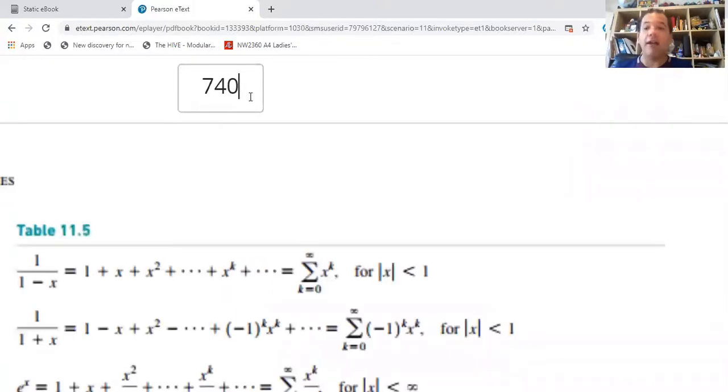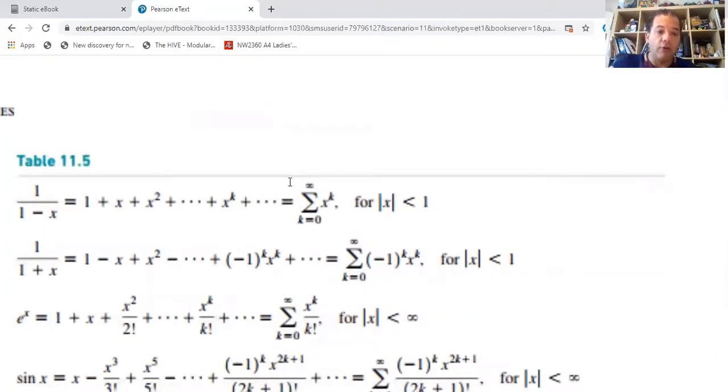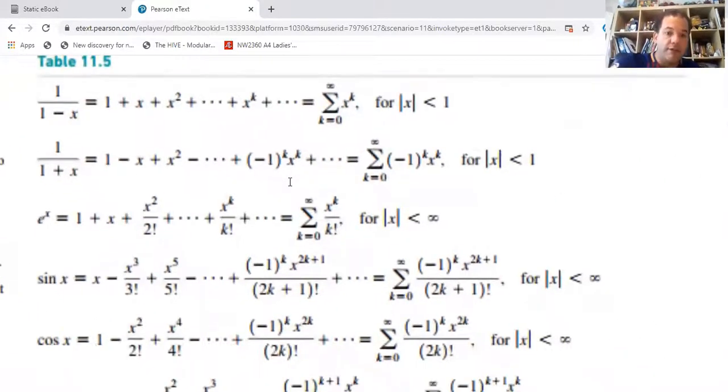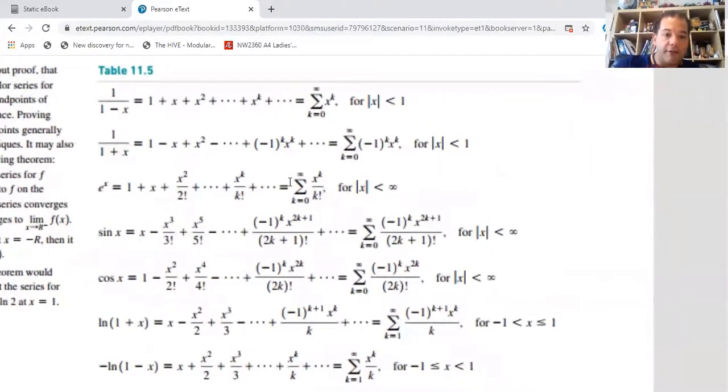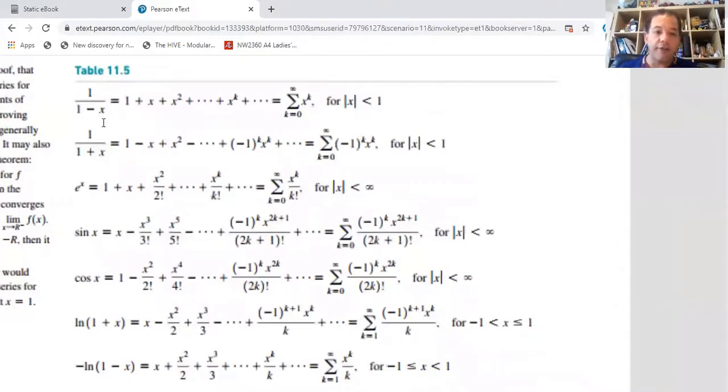This is like a library of important series that you should know. Take a look at this table 11.5, because it has all the important ones that we saw. It starts with the geometric series, which was our go-to guide to get all the other ones.